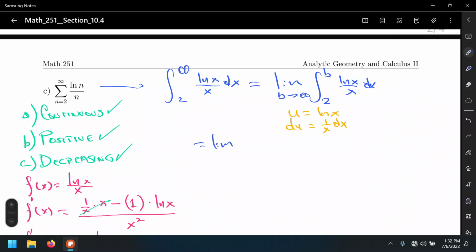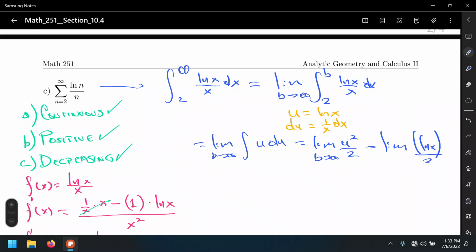So limit of the integral of du, or rather u du, and then that's limit of u squared over 2, b approaching infinity, and evaluated. Well, not yet. Limit ln x squared over 2, evaluated from 2 to b rather, as b approaches infinity.